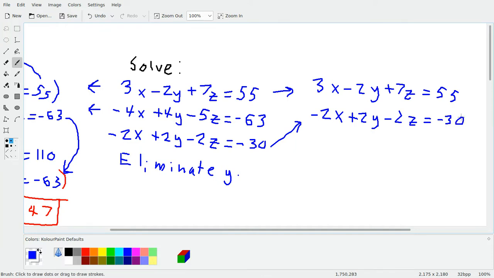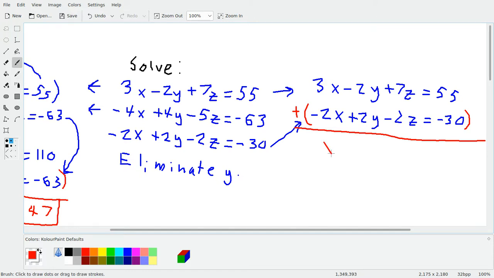I just copied those equations on the right side of the page. And since the y's already have opposites for coefficients, we can add these two equations together right away.